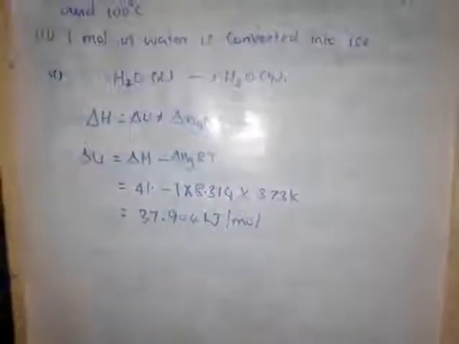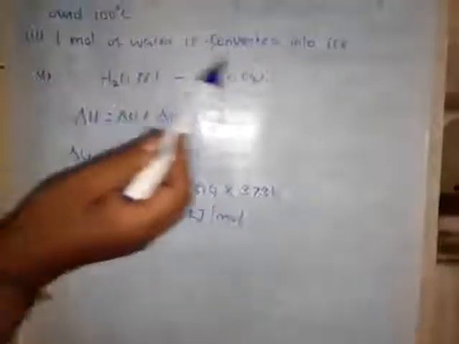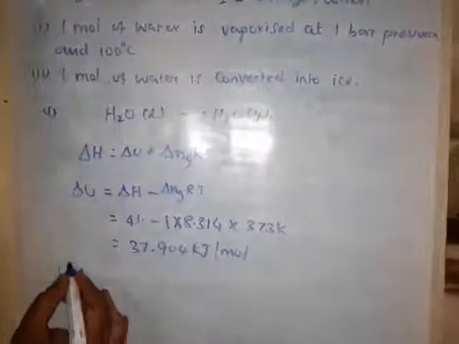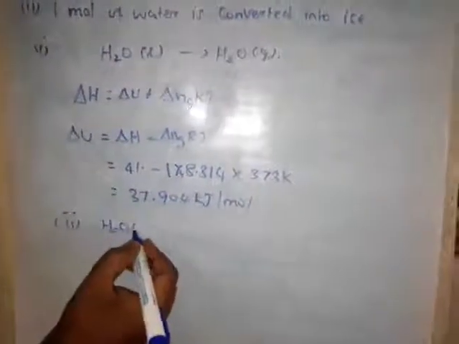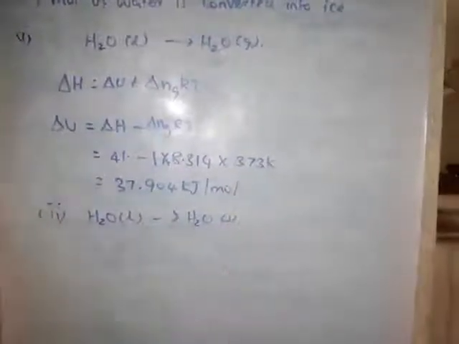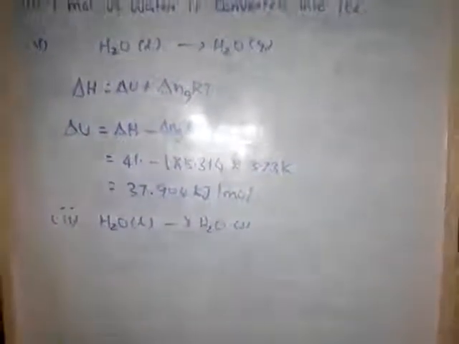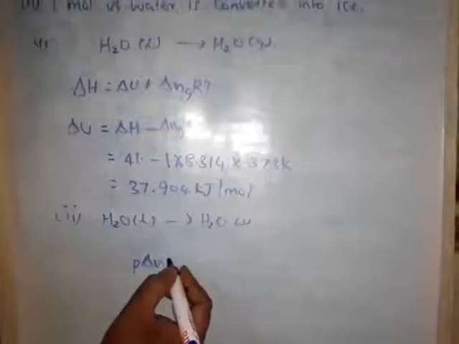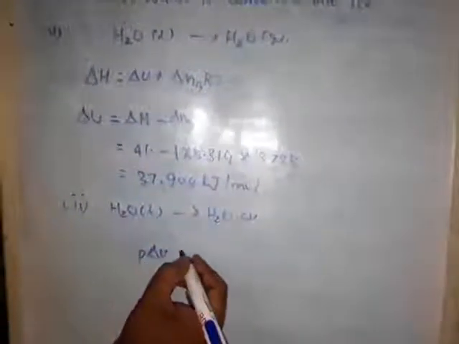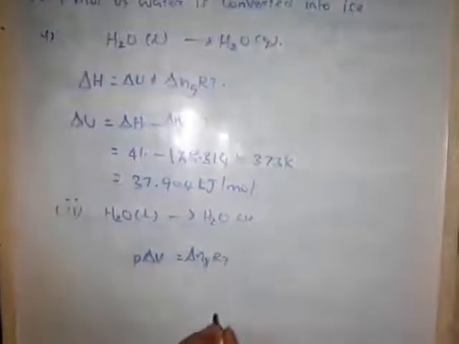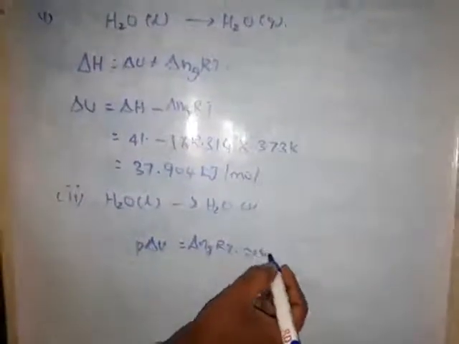Then the second is what? The change is liquid to ice, that means liquid to solid. So the second equation is H2O liquid gives H2O solid, ice. There is a negligible change in the volume, so we can put delta P delta V, which is delta Ng RT, as approximately 0.